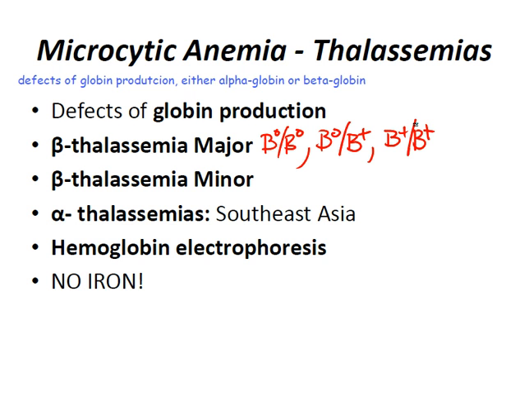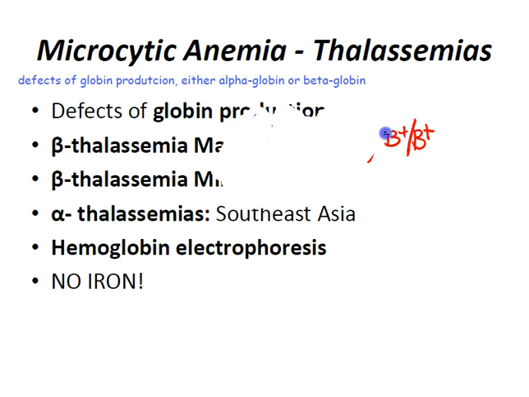As you can see here, one is going to be totally absent, and the other one is just going to be reduced. So that's beta thalassemia major's genotype.